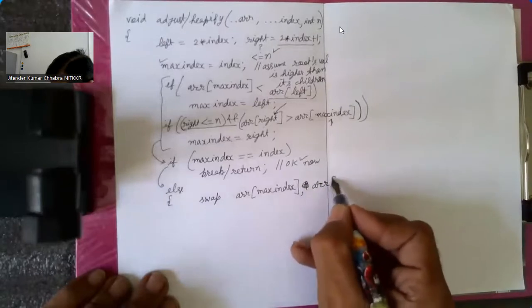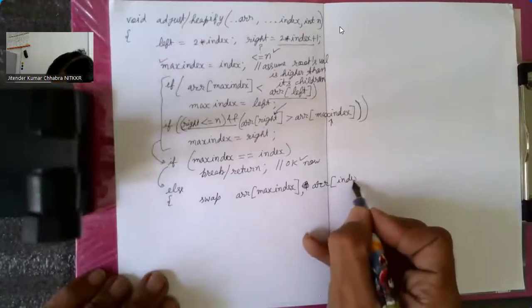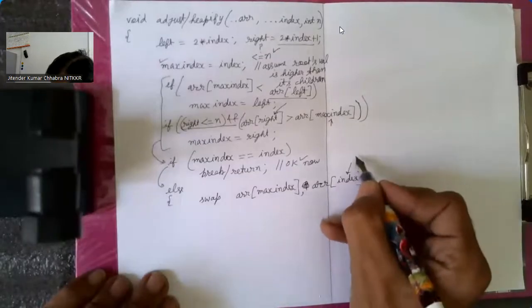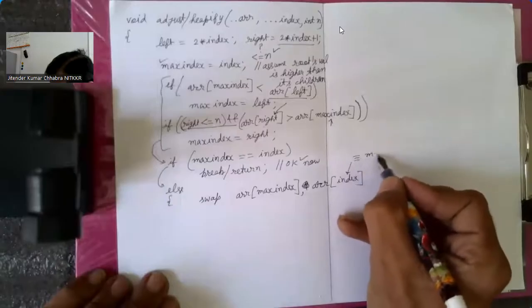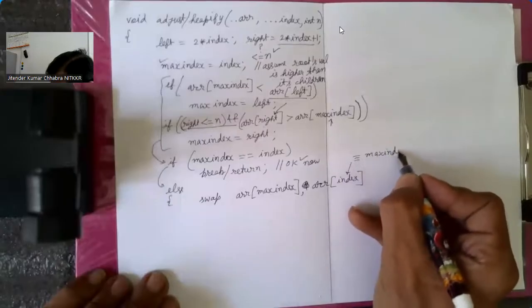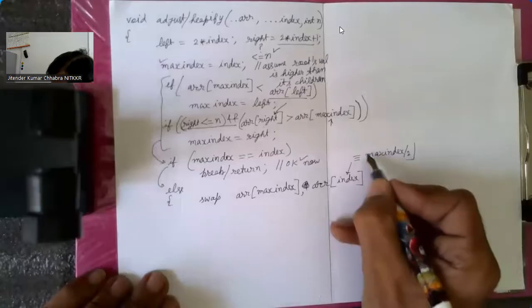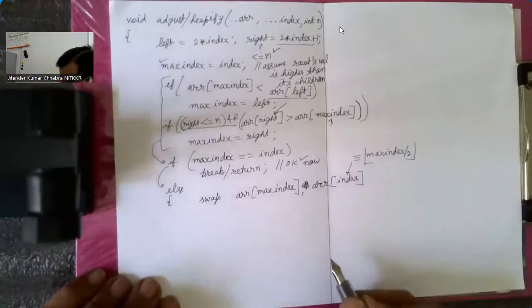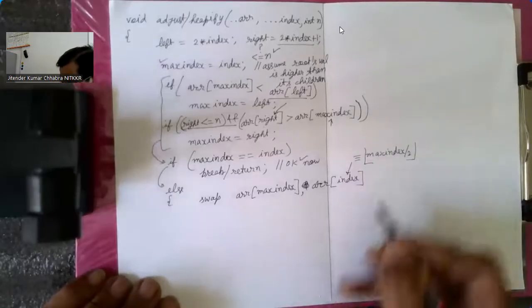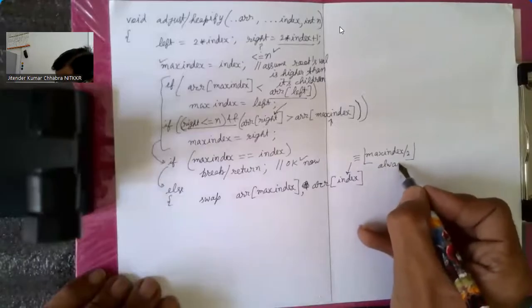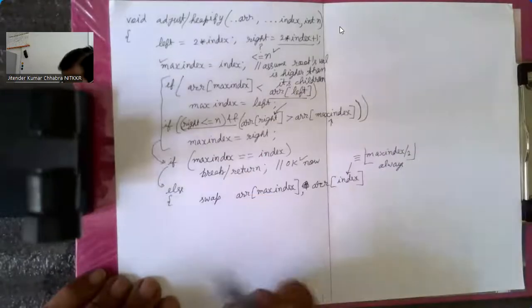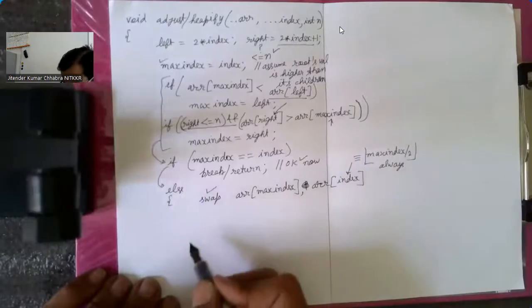These values are to be swapped, where it is guaranteed that index is always equal to max index by 2. Guaranteed, because I'm swapping with the parent, and obviously it will always be this. But even if I have done it already, I need not bother swapping this.